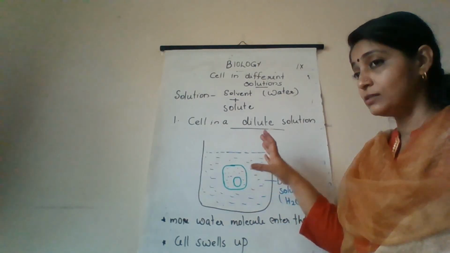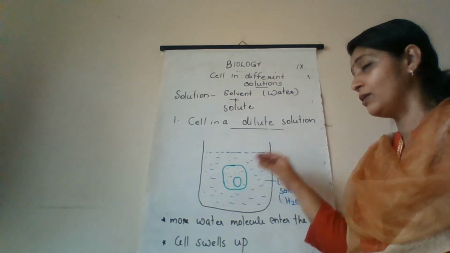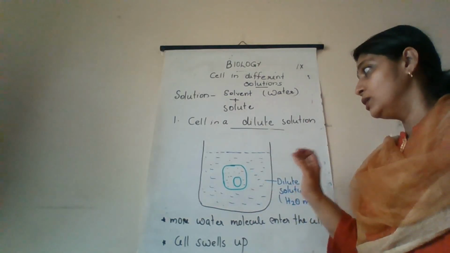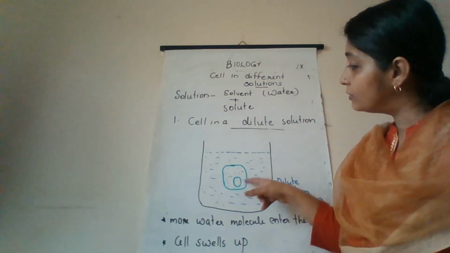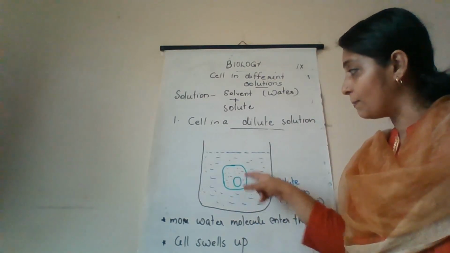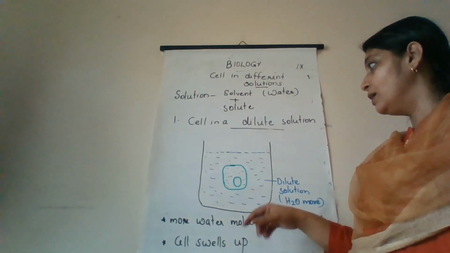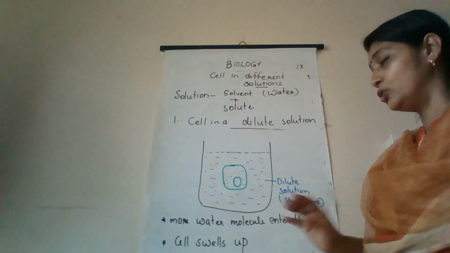Cytoplasm consists of different salts and sugars. It's like a solution itself. It will have water, and in that the salts and sugars will be dissolved. So when we compare the concentration of the cytoplasm of the cell with the outside solution, we can see the water molecules will be more in a dilute solution.